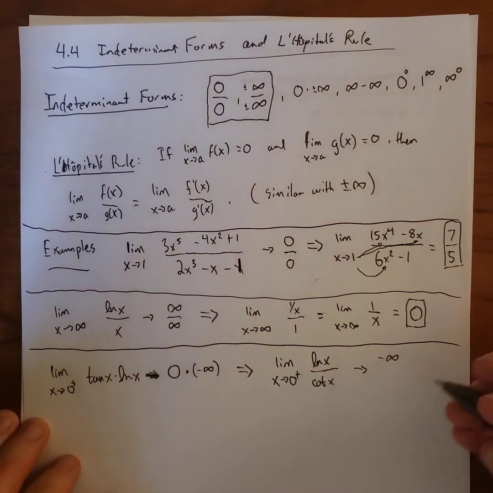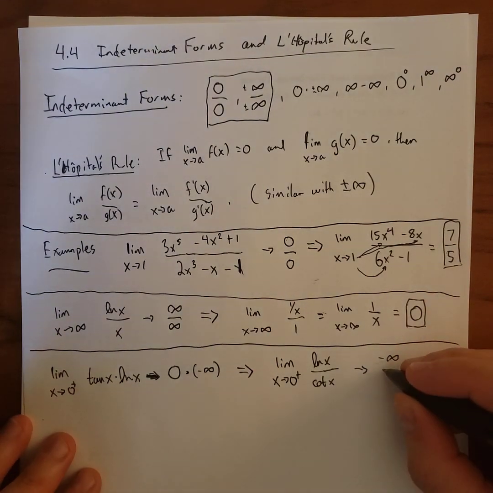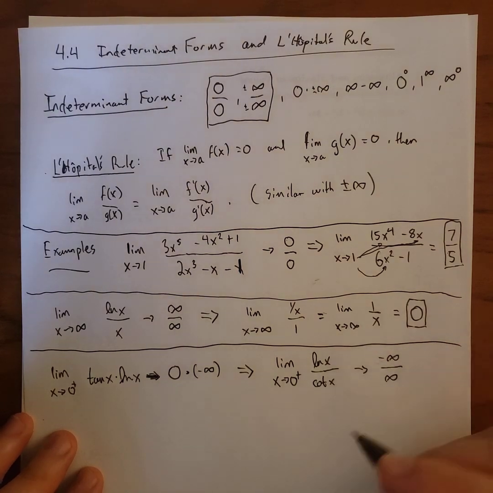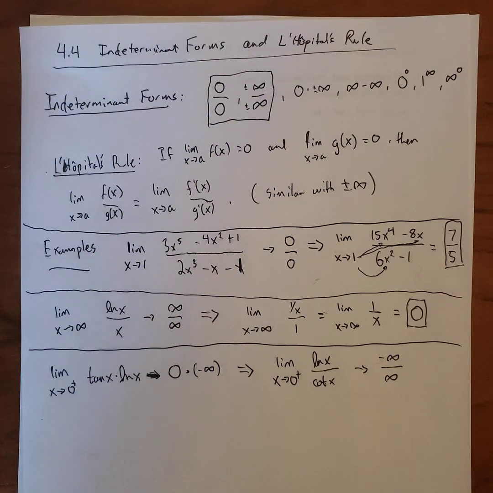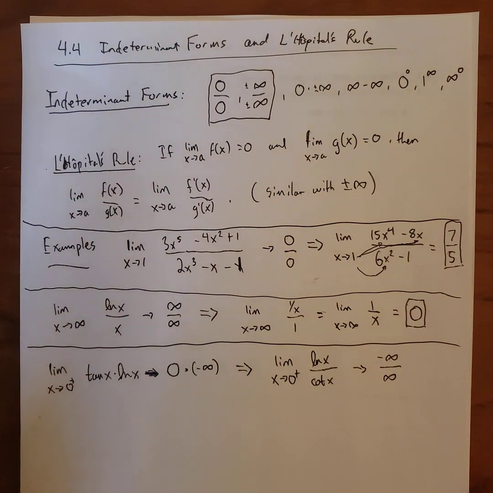And you may remember cotangent, as you go to 0, it goes to positive infinity, if you're going from the right. So going from the right is important here. If I just said 0, then it wouldn't exist. Actually, it still exists in this case, but it has the possibility of not existing. Okay, so that means we can use L'Hopital's rule, but we're going to use it on this.